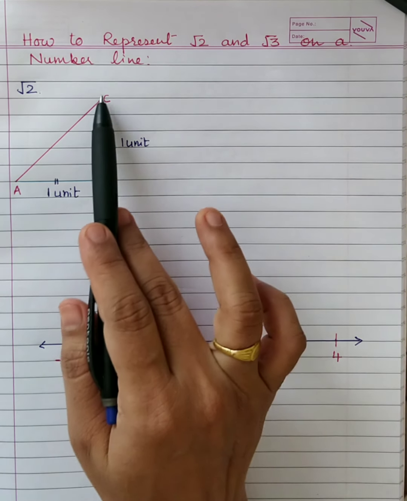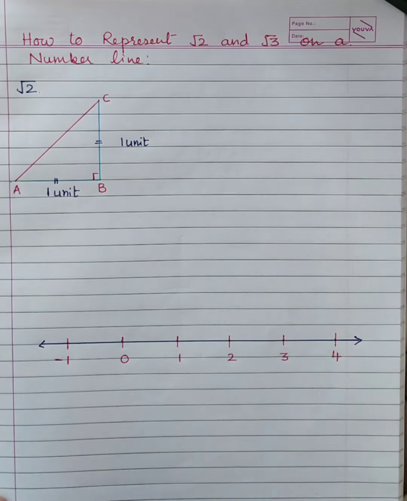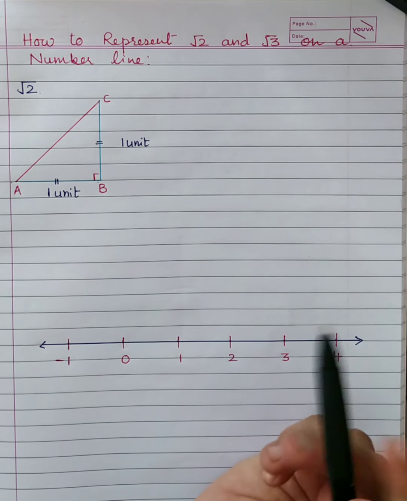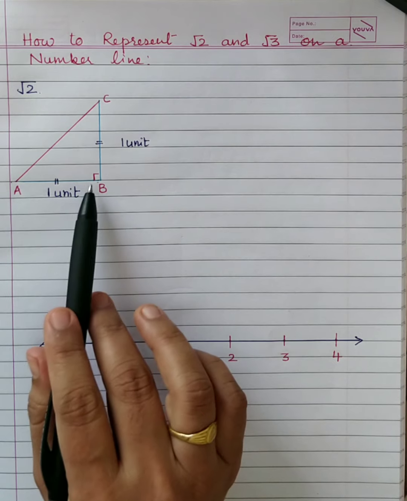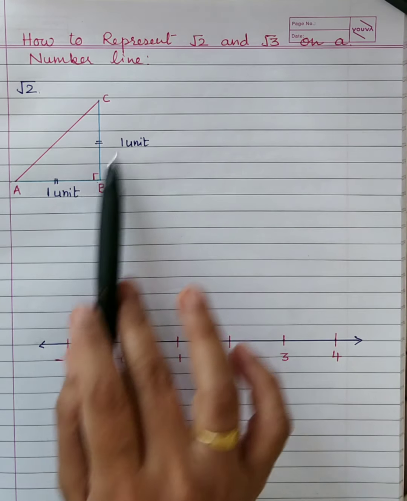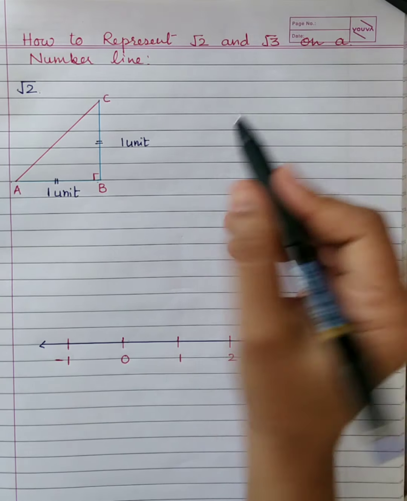What will be the length of this hypotenuse? The hypotenuse is the side opposite to the 90 degree angle. You may recall the very famous Pythagoras theorem, which relates the lengths of the three sides of the triangle.